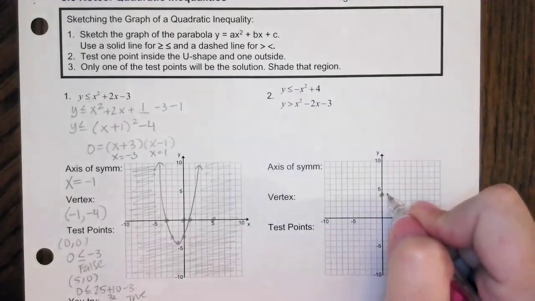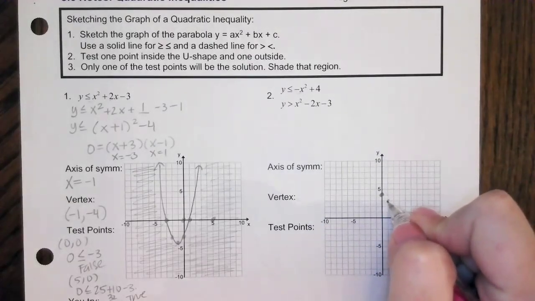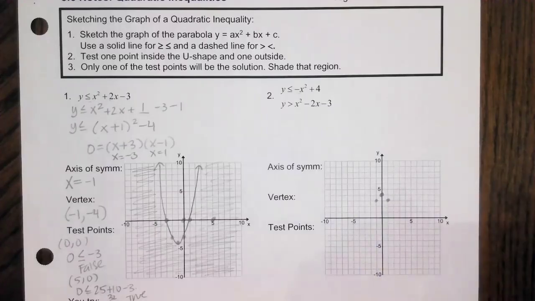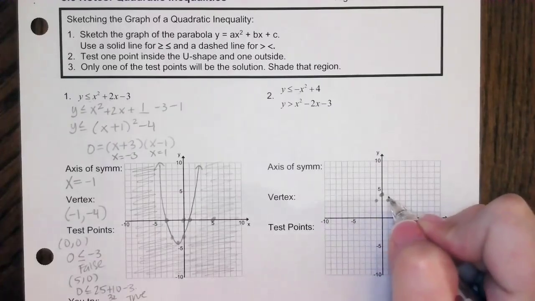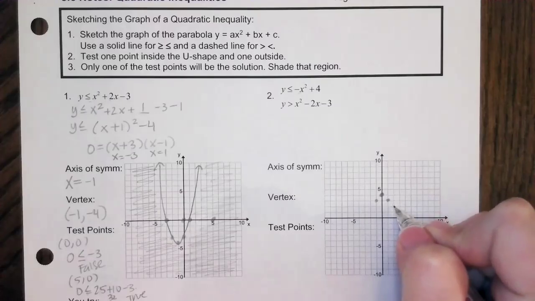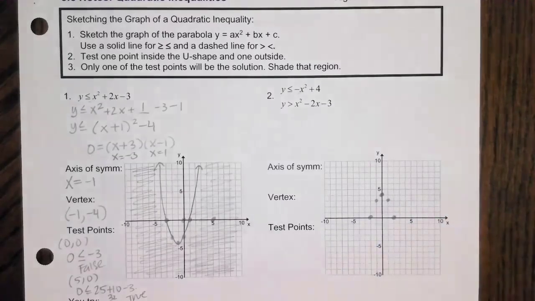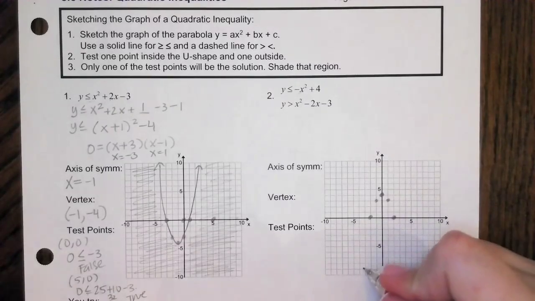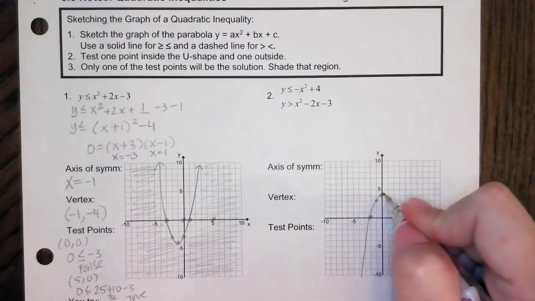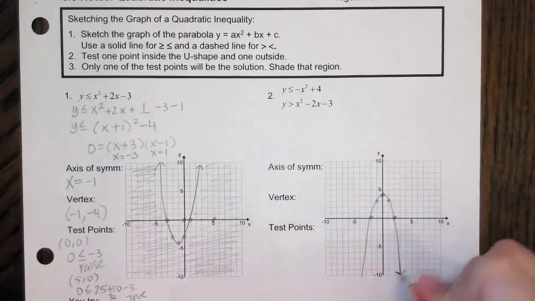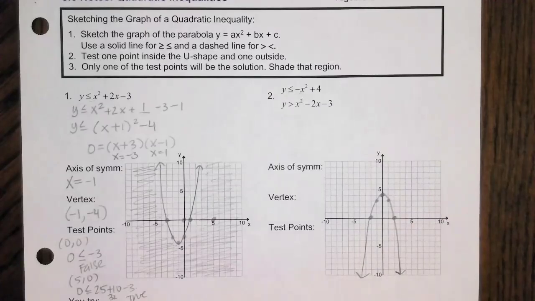And so instead of going over 1 and up 1, I would go over 1 and down 1. And so here is my next 2 points. And then when we go over 2, we're going to go down 4 because x squared is 4. And so there is a good amount of points for us to graph this. We do want a solid line with this one because it does have an equal sign. So we get a curve like this.